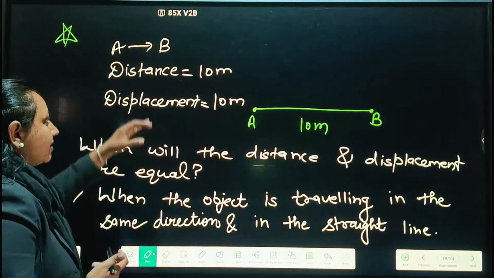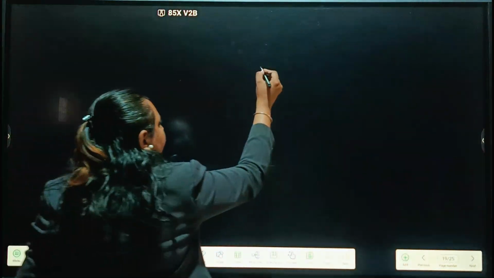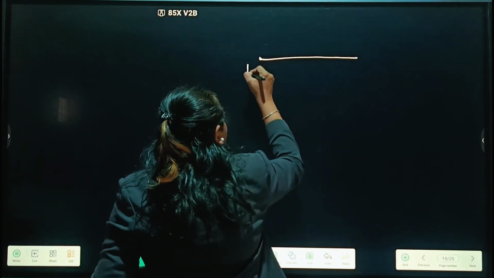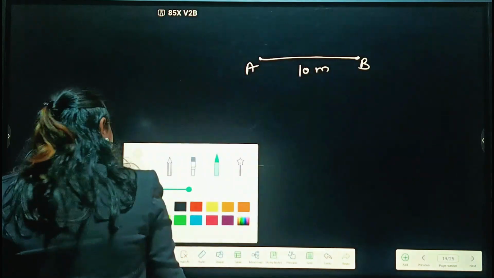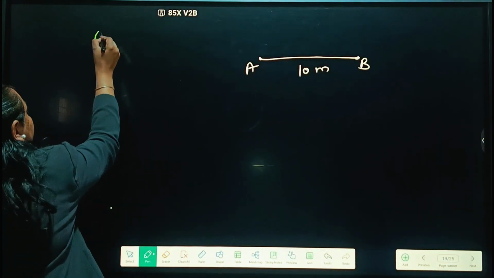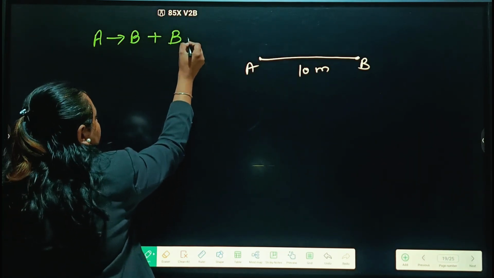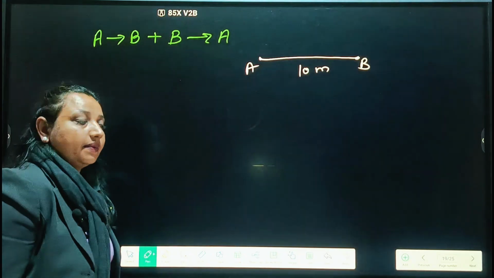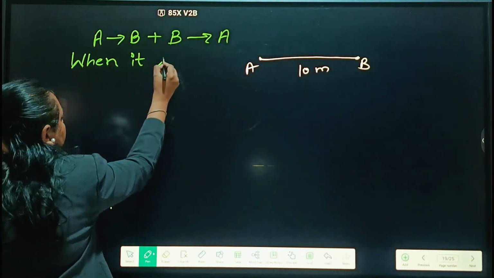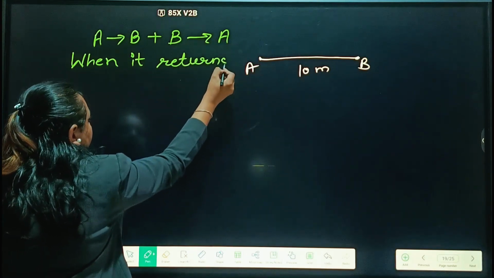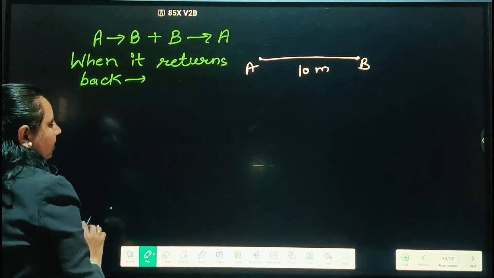So in this case, what will distance and displacement be? They will be the same. What happens if the object travels from A to B, 10 meter? What happens if we consider the object goes first from A to B, then again returns from B to A? When it returns back, what happens in that case?